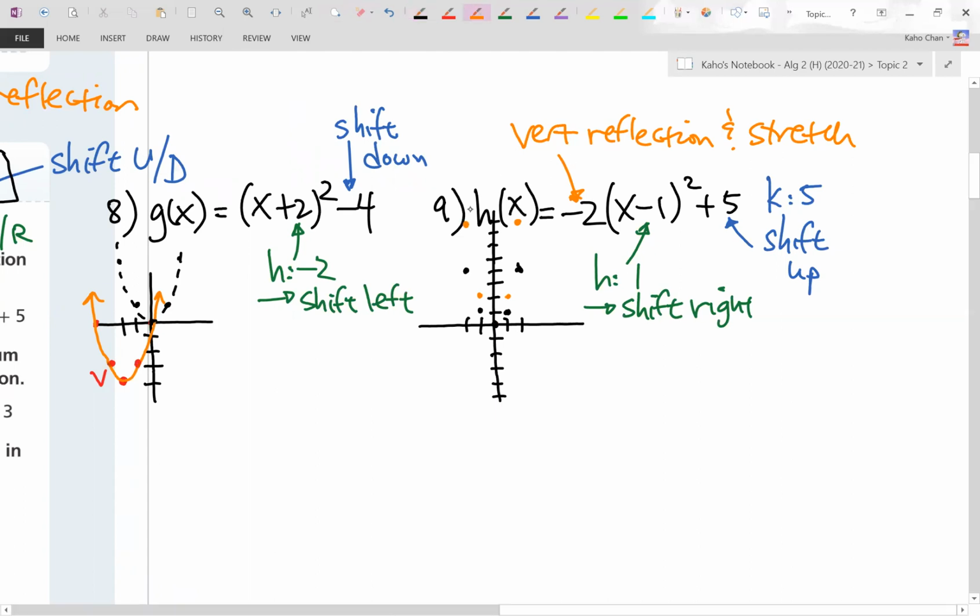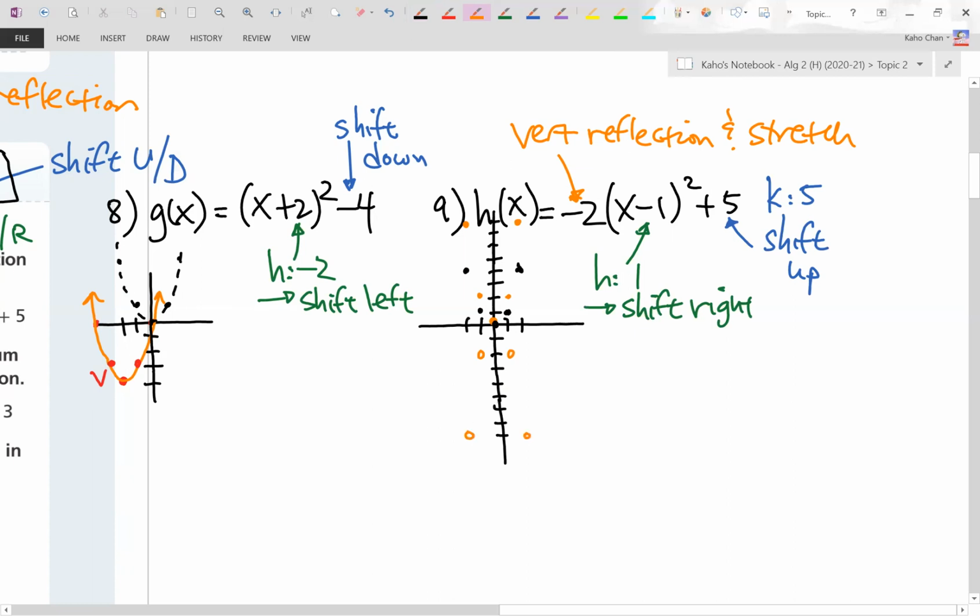Those 5 orange dots get to be flipped upside down. So I'll flip those too. (0, 0) goes nowhere, and the other one gets flipped upside down as well, to (2, -8). Okay.